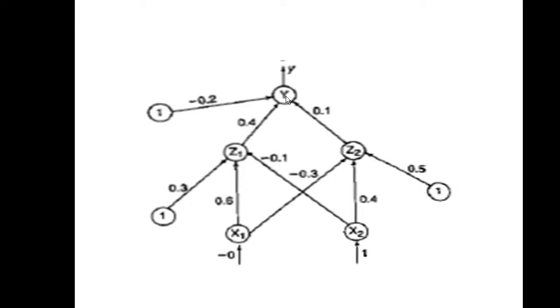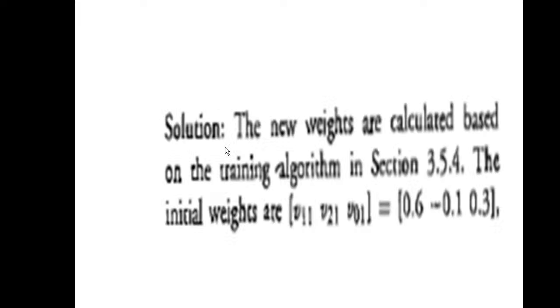If there are two output neurons, Y1 and Y2, then you can represent this as WO1 and WO2. But here only Y is there, so you can write WO, which is minus 0.2. So we can write this also in the bracket: W1, W2, WO, which is 0.4, 0.1 and minus 0.2.